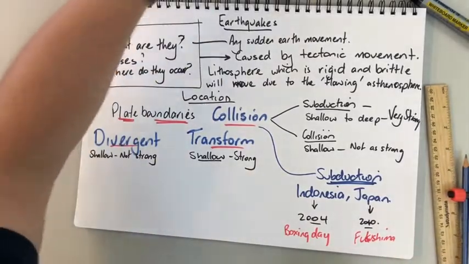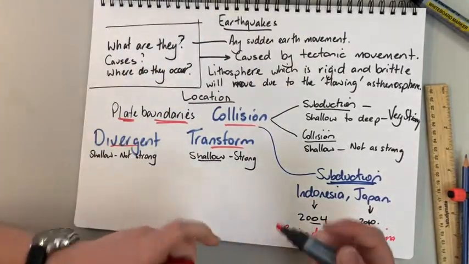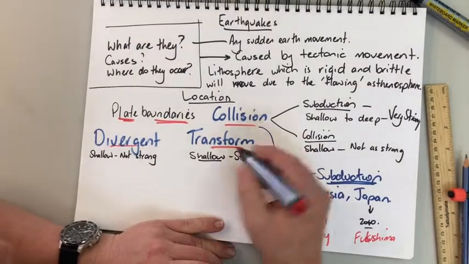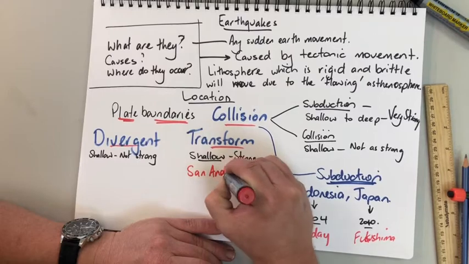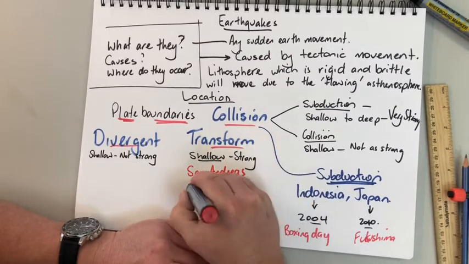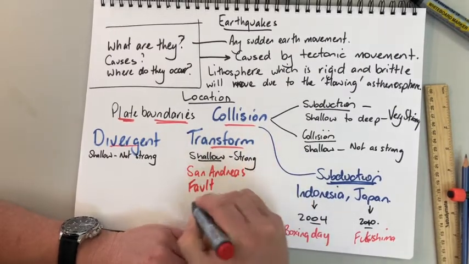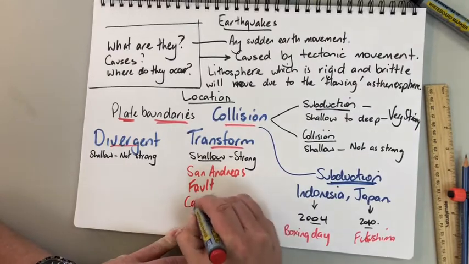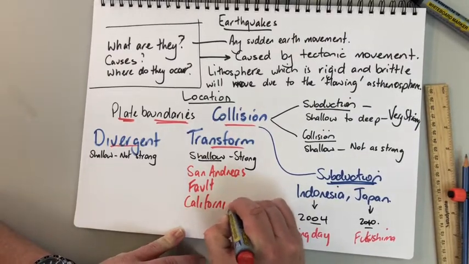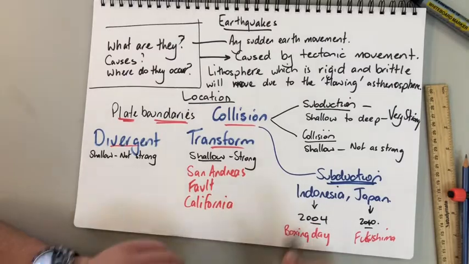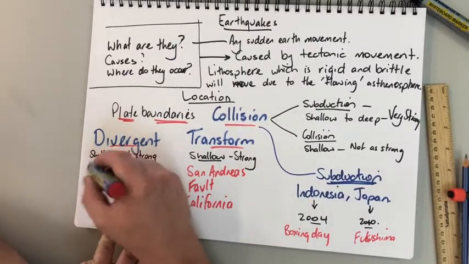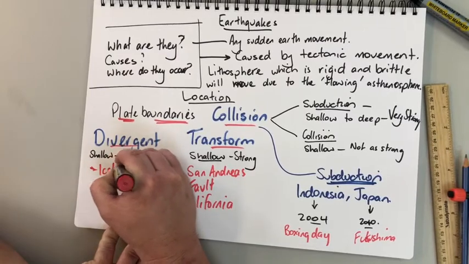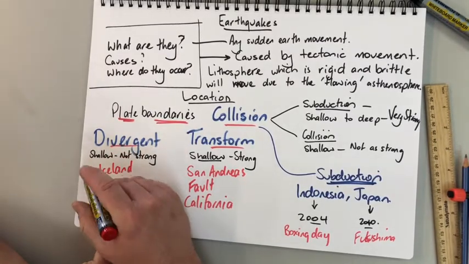All right, transform boundary locations. Well, our best example is the San Andreas Fault, and that's in California. Divergent, well, again, we can think about Iceland. We can think about the East African Rift.